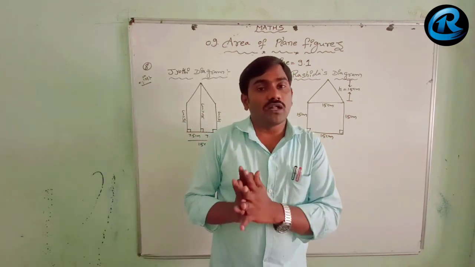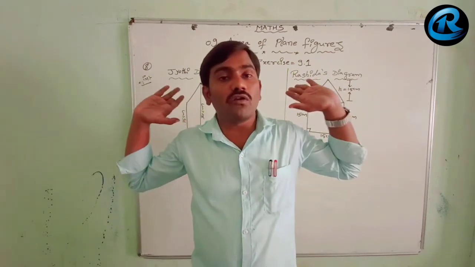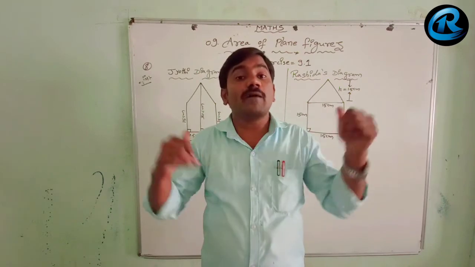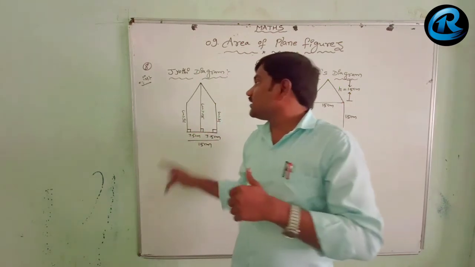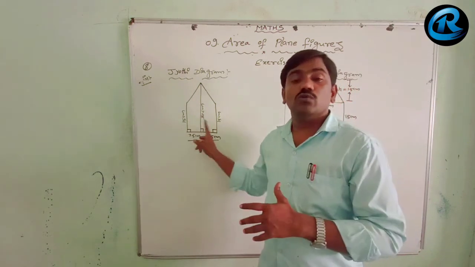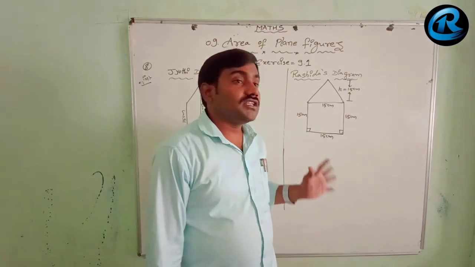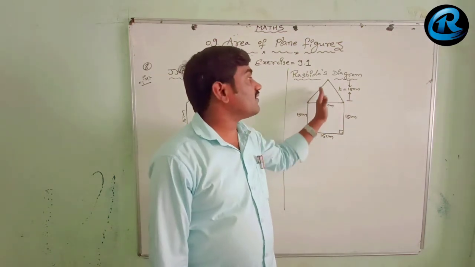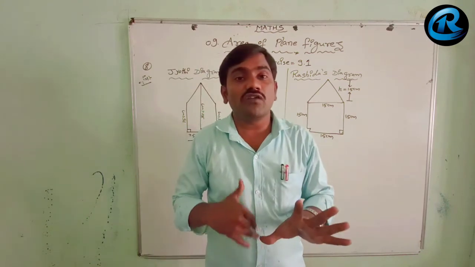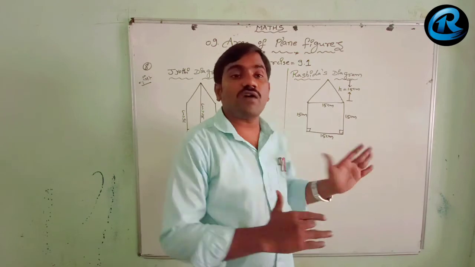So here there is one pentagonal diagram. Jyoti and Rashida, two people, selected two different ways to find out the area of the pentagonal. Jyoti ఏం చేసింది? Jyoti divided it into two trapeziums to find out the area of the pentagon, and Rashida selected one square and one trapezium. Because we don't have a formula for the area of a pentagon, but we know formulas like trapezium, square and triangle.